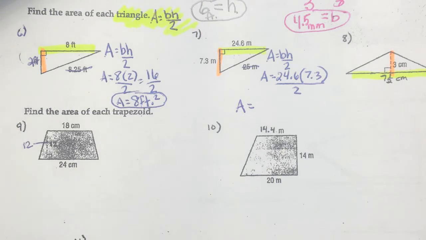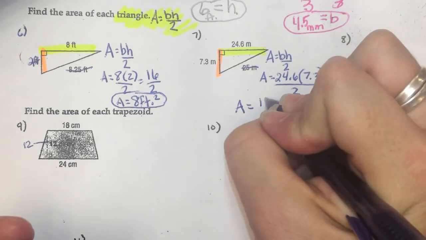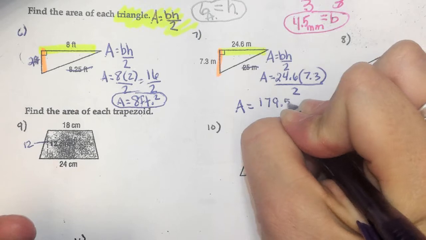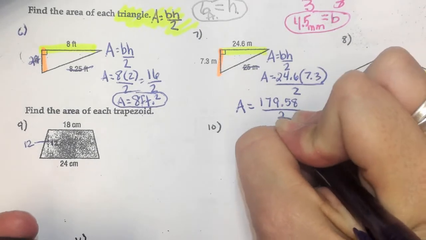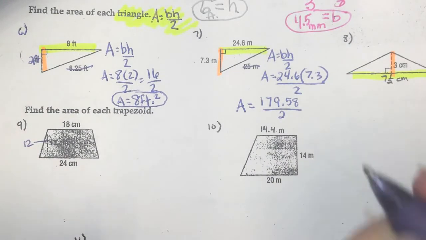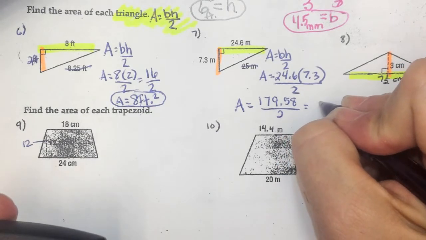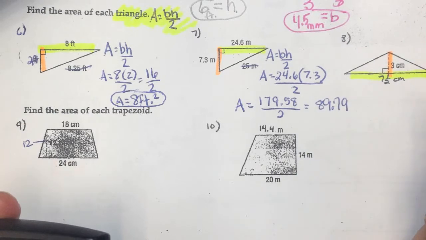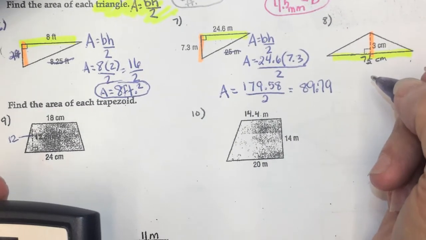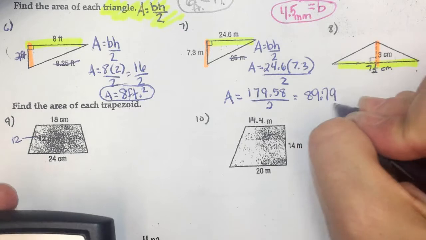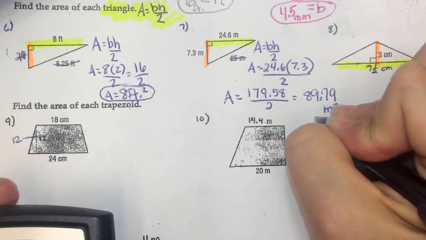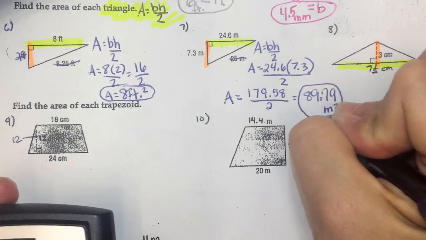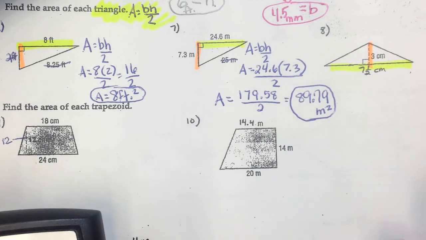I'm definitely not guessing at this number. Times 7.3. Okay, I got this, divided by 2. $89.79. And then meters squared. Trying not to run out of room. Okay.